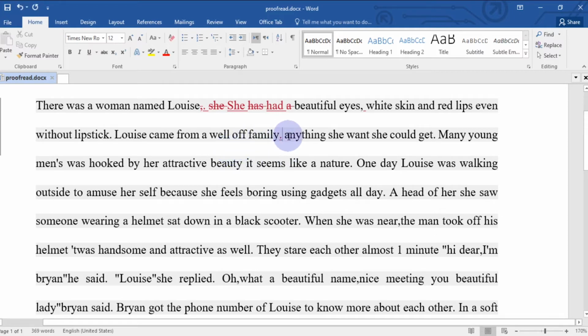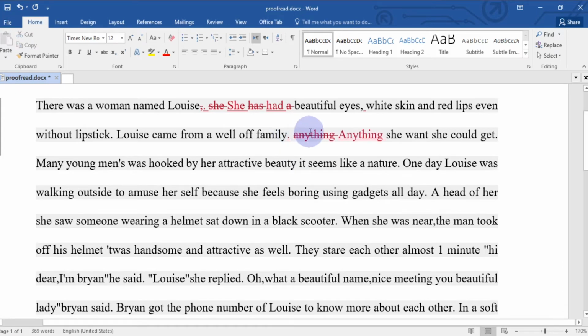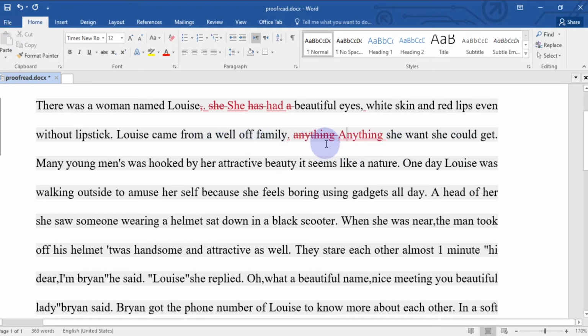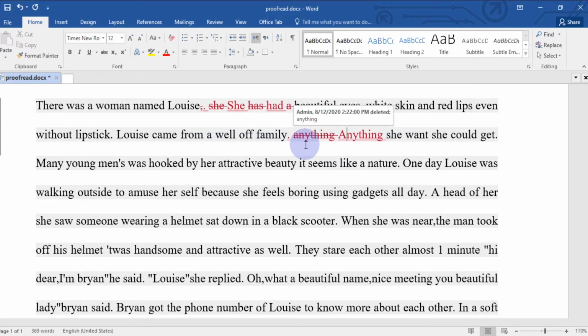And of course, making this first letter uppercase. Louise came from a well-off family. Anything she wanted, she could get. And again, concerning this issue with these two sentences, you should read more about what I mentioned earlier regarding sentence and clause types.